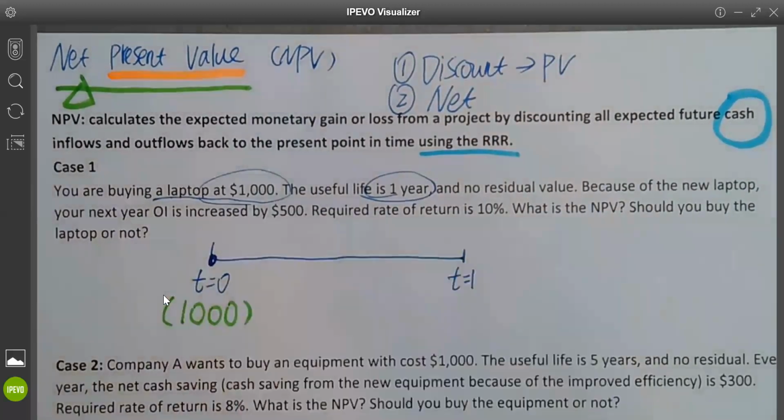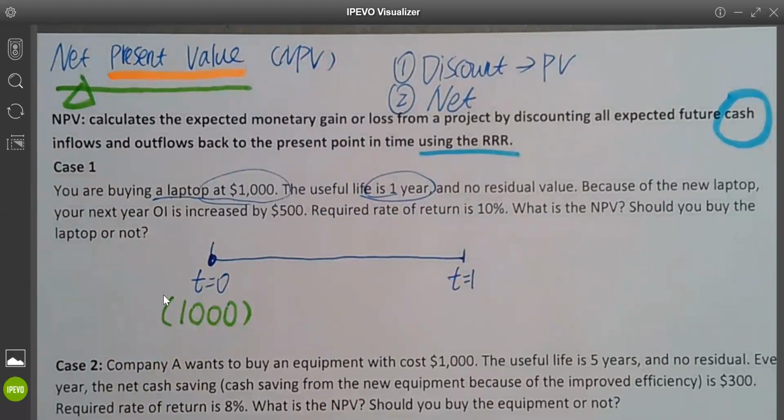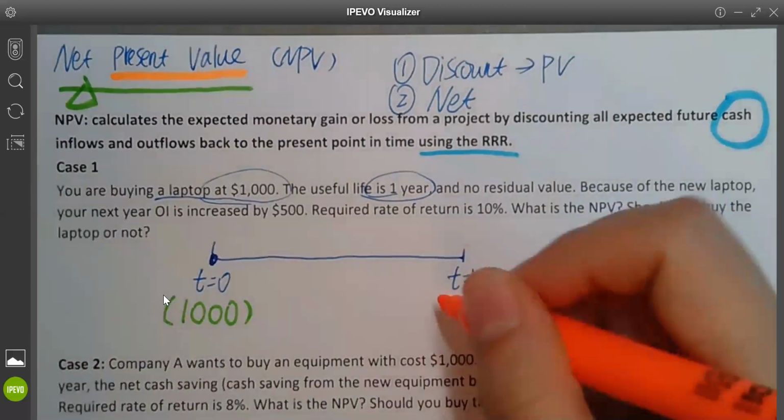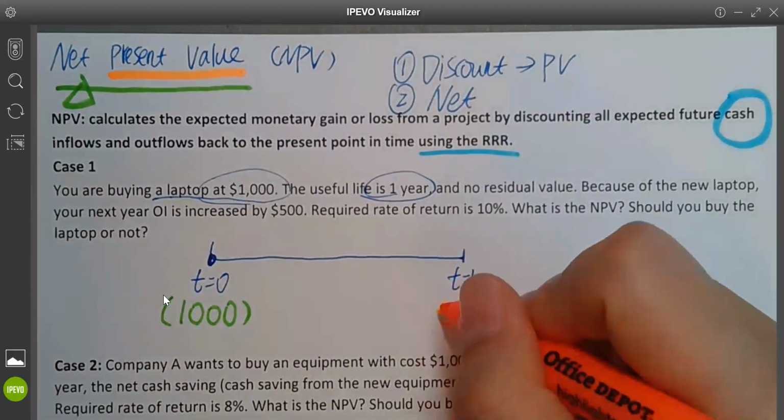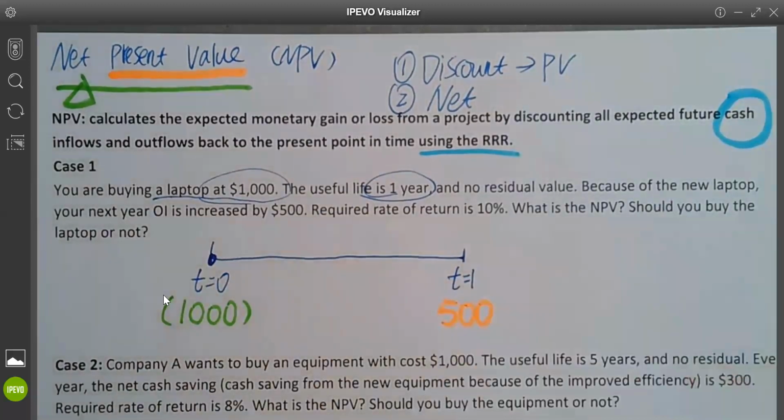Because of this, your next year operating income will increase by 500. So next year you will get a cash inflow, and we put a positive 500.